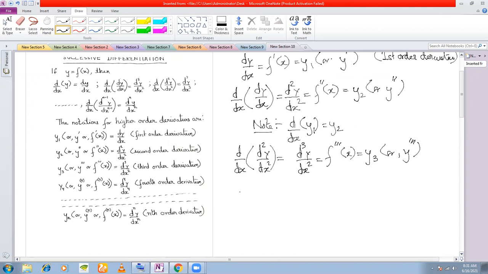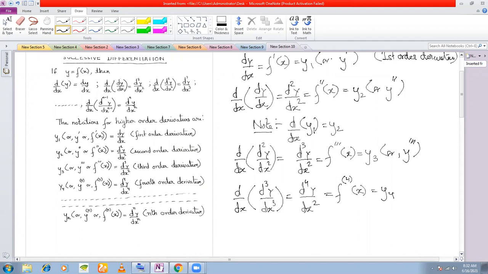If you are differentiating the third order derivative, you get d4y/dx4. We don't give 4 dashes. In fact, what we do is give a 4 in brackets on top.